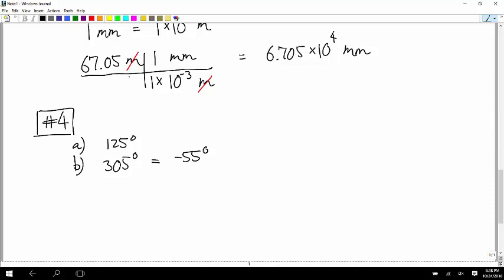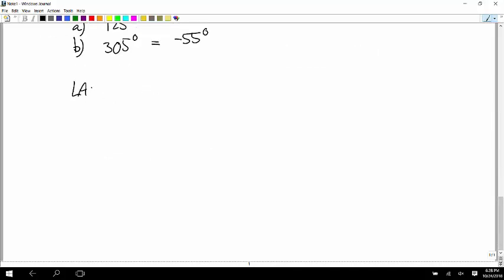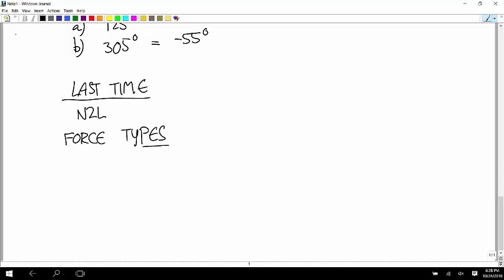So last time, we were doing Newton's second law. So we're doing kinetics of particles in 2D. And I said that forces can be broken up into 2 types.